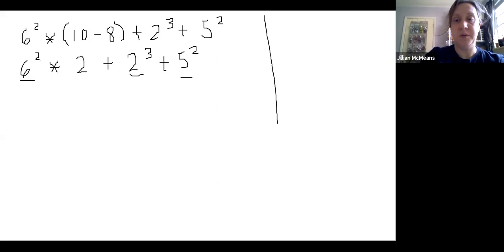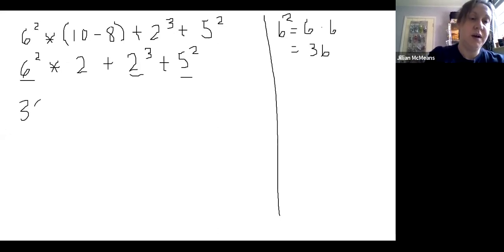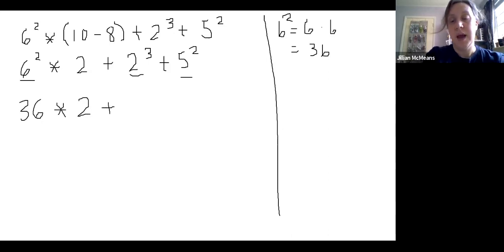And we can do a little side work over here if we want. 6 squared, remember, the base of 6 is getting multiplied by itself, and you multiply it as many times as the exponent tells you to. So this is really 6 times 6, or 36. So rewriting the problem so far, I have 36 times 2. And then 2 to the third is 2 times 2 times 2.